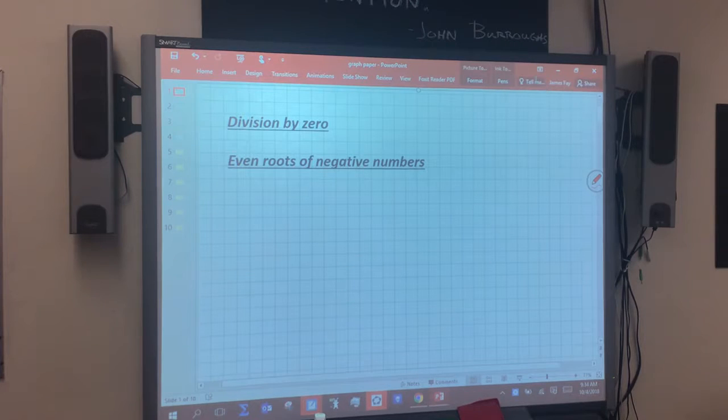Let's do one that doesn't require too much work. Let's say that I give you f of x is equal to the cube root of 2x squared plus 1. Any problems there? What are the only issues?